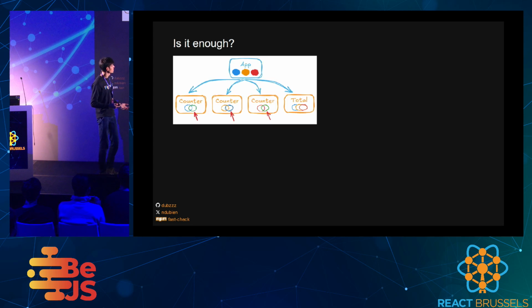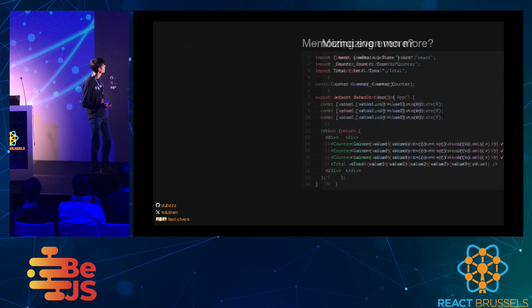And when we know that, unfortunately, we have a small problem. All increment functions have changed, because in the app function, we are not providing a stable version of the increment function. So it means that for React, everything has changed. So we just defeated the memo. Memo is useless in our case. It's not working. We need to go even further to optimize it.